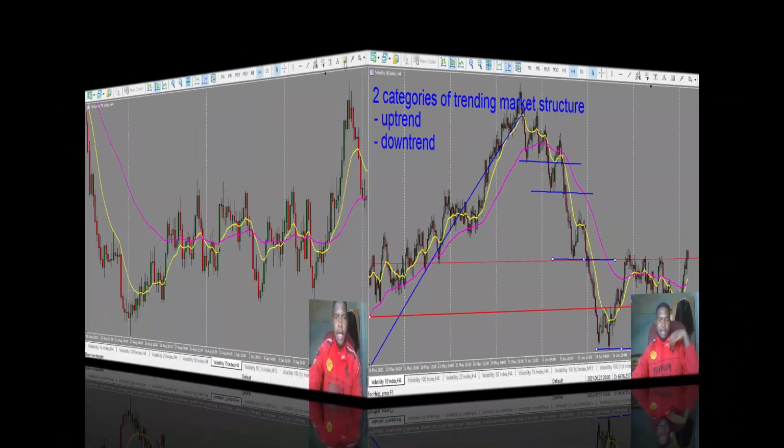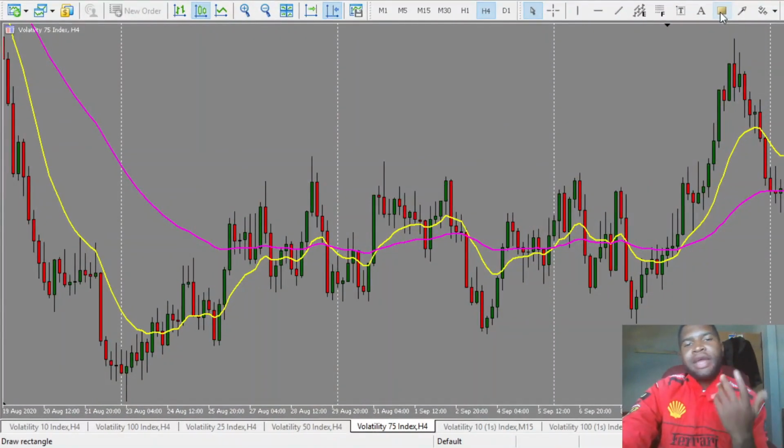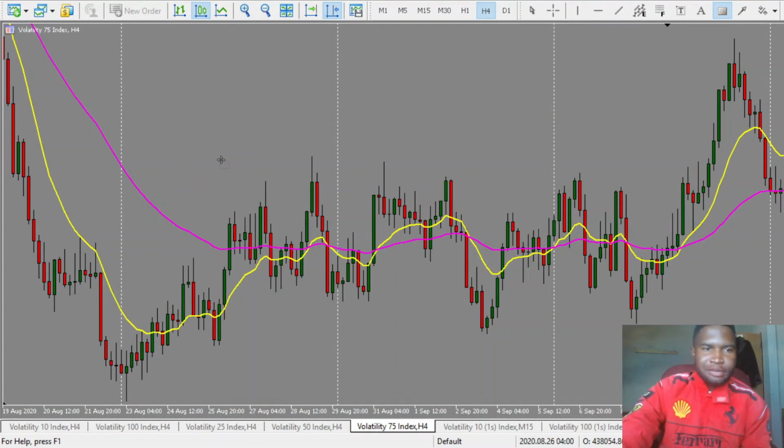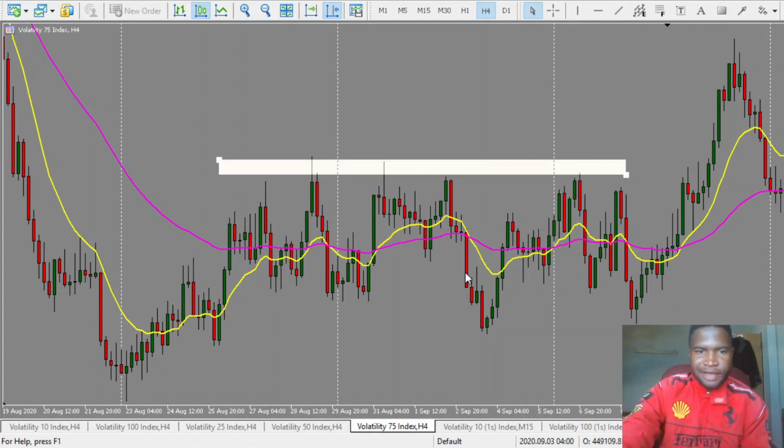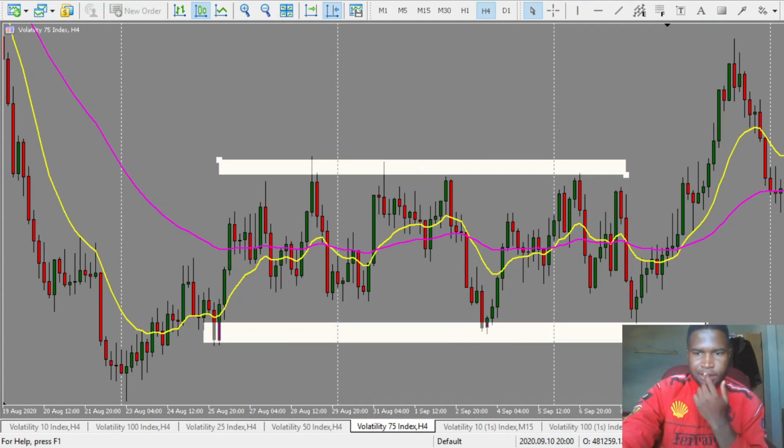To the upside. Now, when we are in a ranging market structure, as can be seen on Volatility 75 Index right here, right? You can also see we are on our H4 time frame, right? And we mark these levels of resistance together with these levels of support.